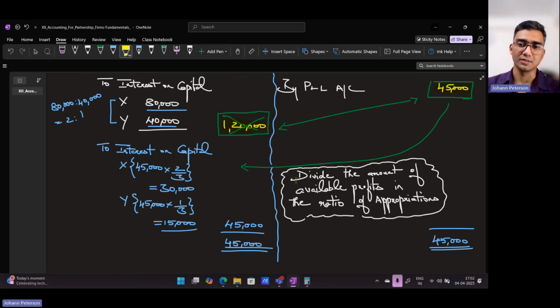So you divide the amount of available profits in the ratio of the appropriations. And what is the actual appropriation? The actual appropriation was 80,000 is to 40,000, which came out as 2 is to 1. So divide the available profits in the ratio of appropriations. This is what you have to do when you do not have enough available profits.